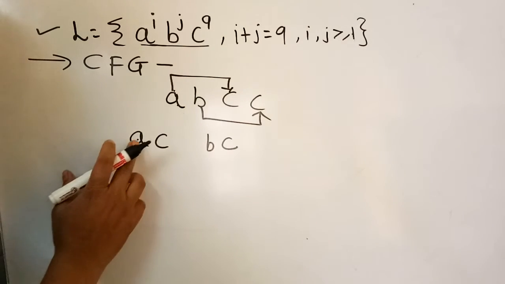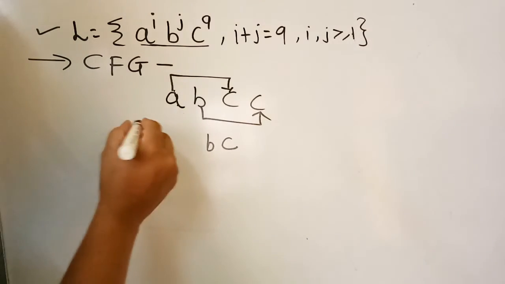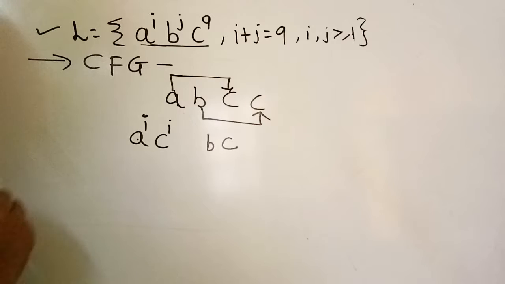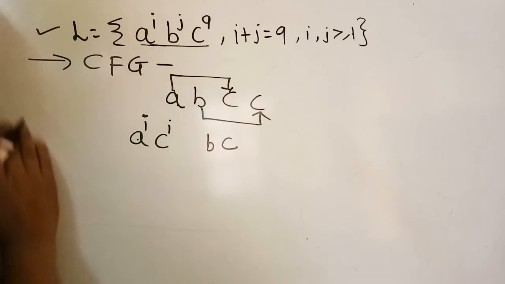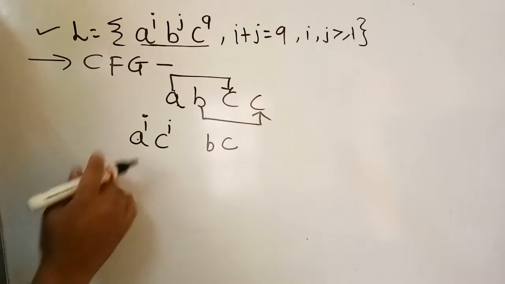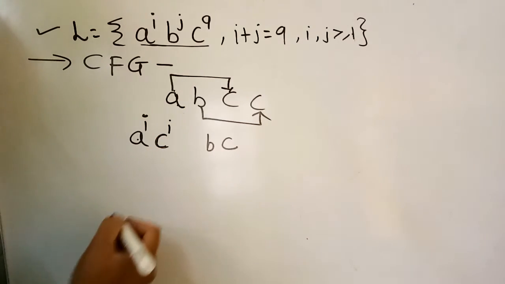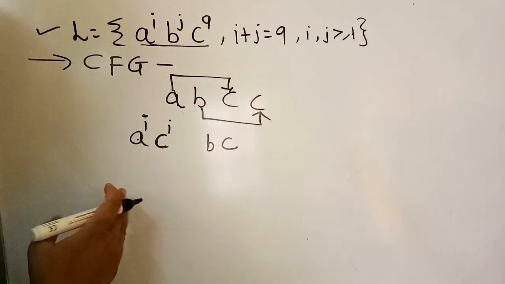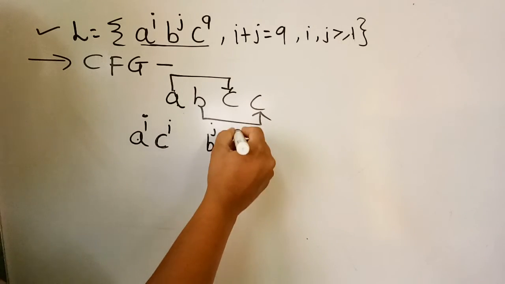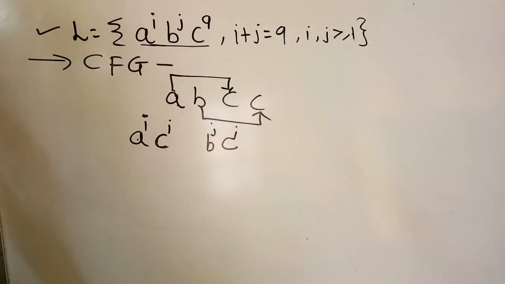For equal number of a's and c's, that is a raised to i then c raised to i, it can be generated with the help of a context-free grammar where a and c are fixed at least one time. Then we have to generate another term, b raised to j, c raised to j.